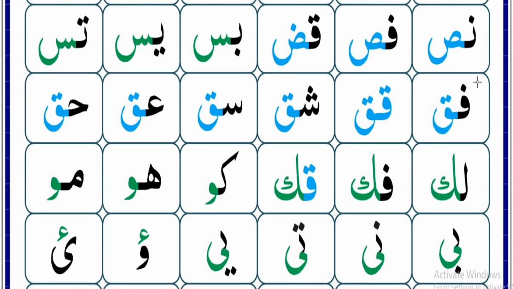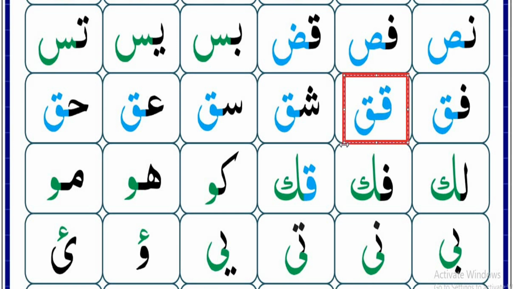And here the half shape of Fa, as we saw here, and the other is the full shape of Qaf. So Fa and Qaf. And here the same letter, Qaf, Qaf. Both are Qafs. The first is the half shape and the other is the full shape.